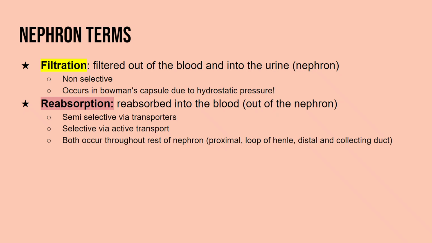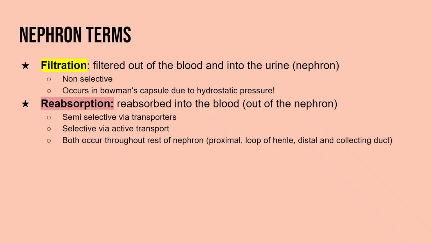This is non-selective, and it mainly happens in Bowman's capsule due to hydrostatic pressure. When blood is entering from a bigger volume into a small space, the blood's pushing against the wall, and that pushes some stuff out into the tubule. That's then known as filtrate because it's in the nephron.